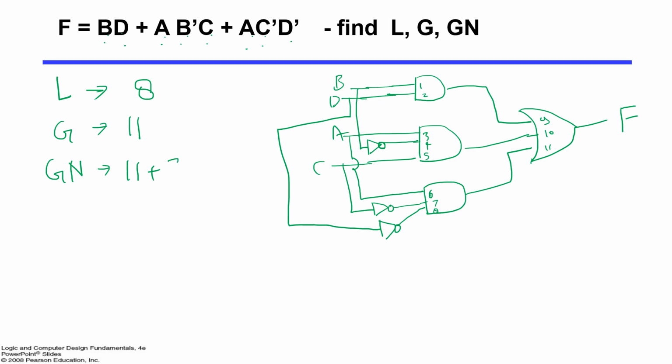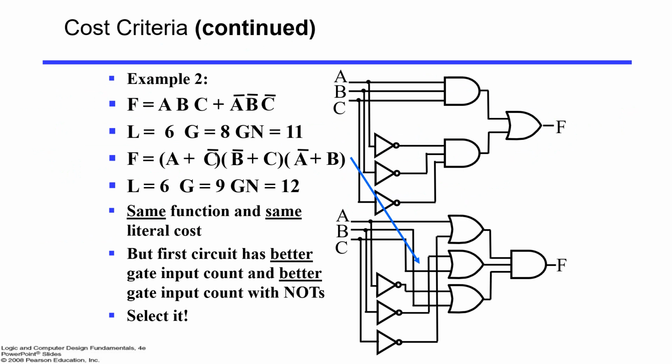So you will get 3. So it will be 14 GN. So based on that you can calculate literals, you can calculate G, you can calculate GN, right? So in that way you can compute the value for L, G and GN of any circuit, right?